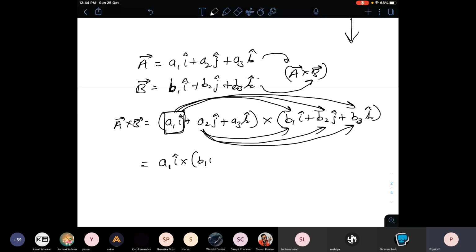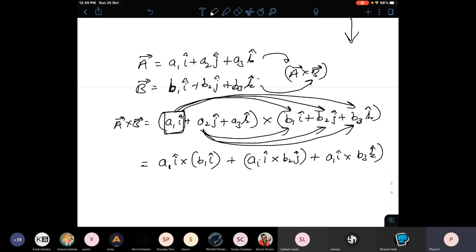This is the first term. Plus A1 I cap cross B2 J cap, second term, plus A1 I cap cross B3 K cap. This is the third term.